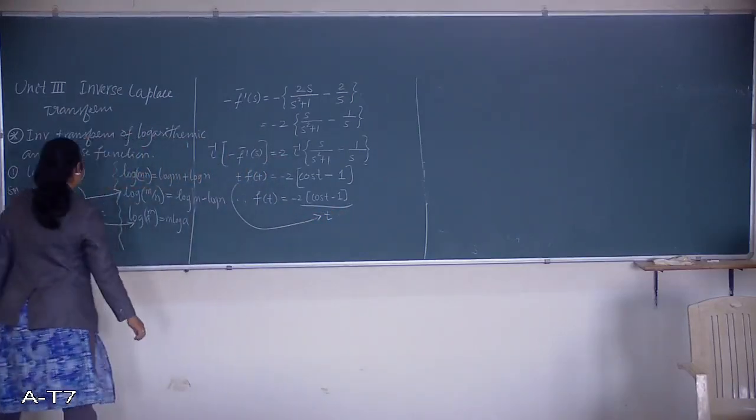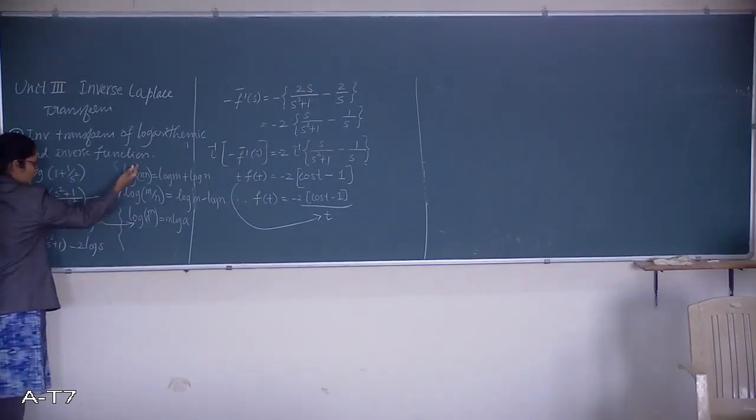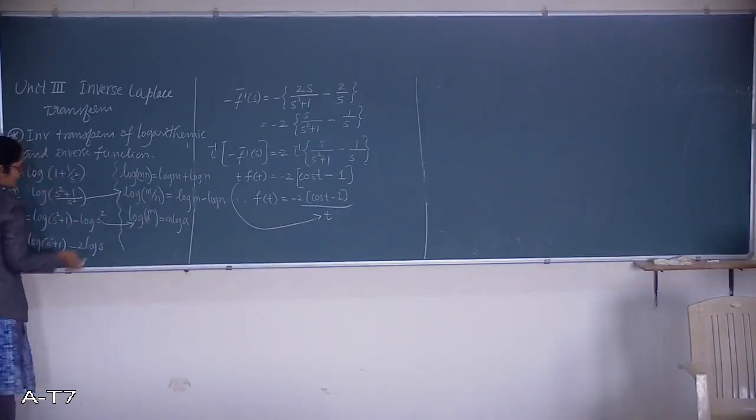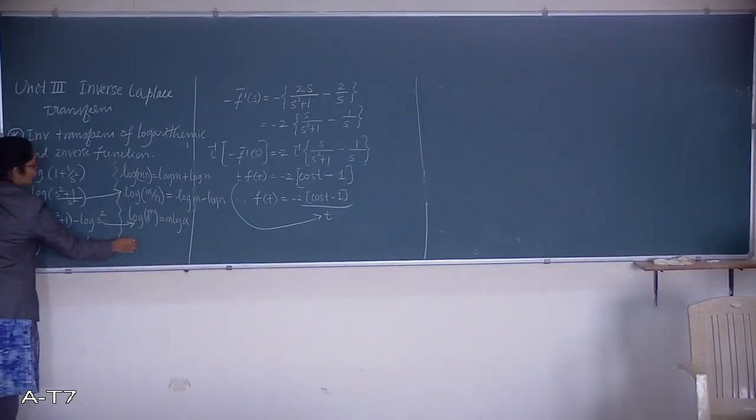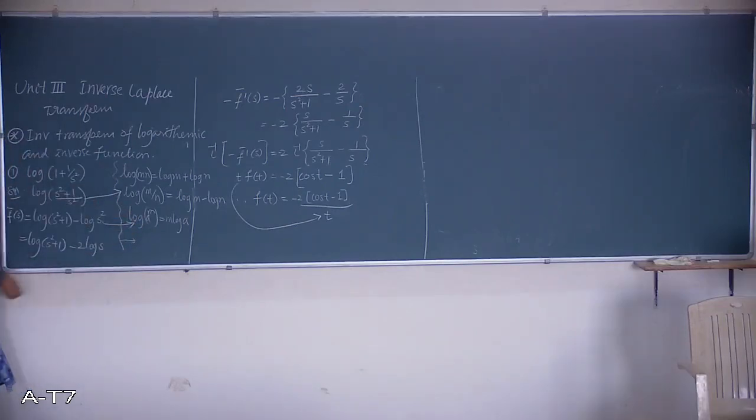I will repeat this. Log of 1 plus 1 by s square. Here the laws of logarithm are actually 4, but we use these three for the time being. LCM is taken, so s square plus 1 divided by s square, log of m divided by n, so log m minus log n, that form I have written.